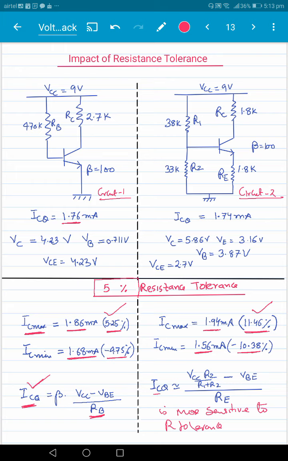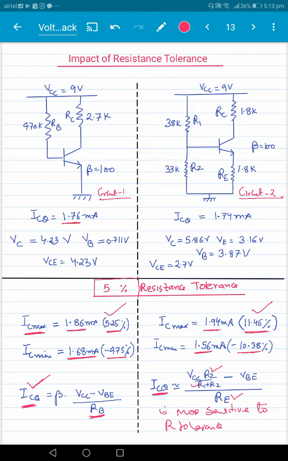On the other hand, in circuit number 2, the ICQ depends on R2, R1, RE, so it depends on 3 resistors, and each resistor will contribute to changes in ICQ. So, there are 3 resistors in circuit number 2 which decide the value of ICQ, and that is why any variation in those resistors will have an impact on variation in ICQ.